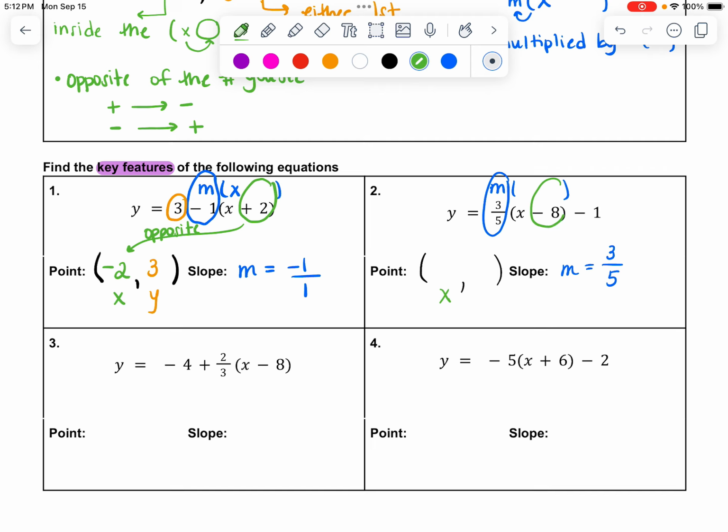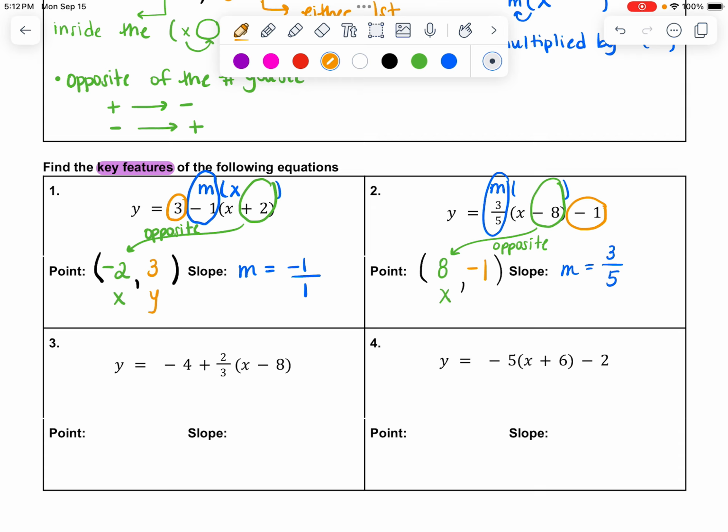It's always going to be inside of the parentheses next to the letter x. In this case, it's a -8, but remember, the x number is always the opposite of the number you see. So if I see a -8, I'm going to write down a +8. The last number I'm going to look for is the y number, and here's the thing. It's the only number we didn't already use, so it would just be -1.